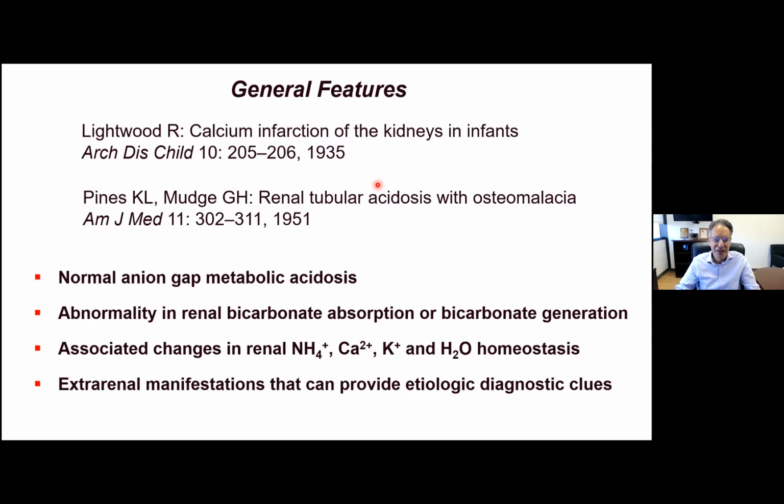And it was not until 1951 that the term renal tubular acidosis first appeared in the literature. It was a paper in the American Journal of Medicine, and these patients were described who had bone abnormalities also. We now know today that this is a normal or non-anion gap type metabolic acidosis.